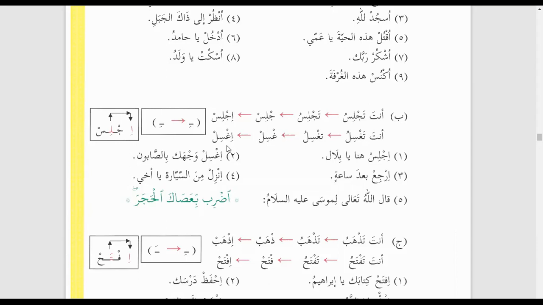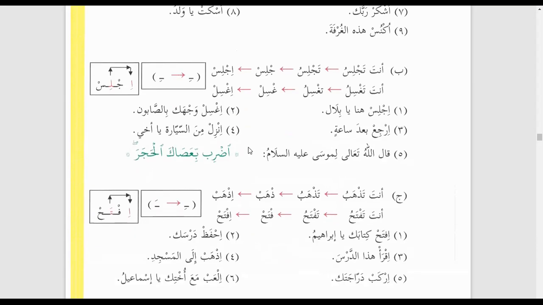All right, so now we have examples. For example, ijlis huna ya bilalu, sit here, O Bilal. Ighsil wajhaka bis-sabuni, wash your face with the soap. Ighsil, it was taghsilu, and from taghsilu it has become ighsil.